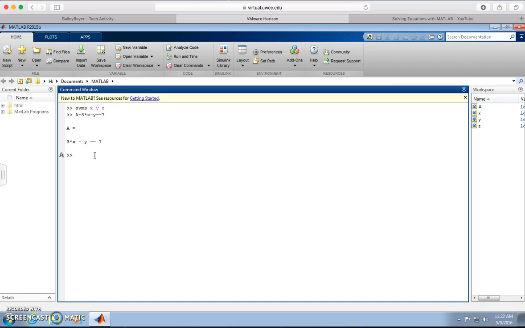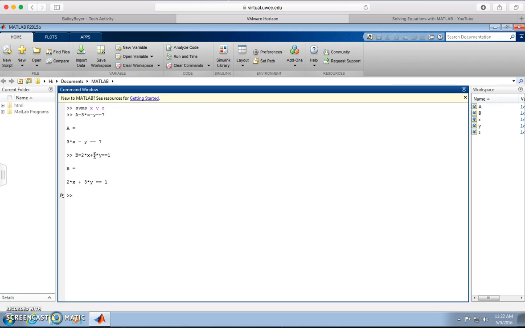Now we're going to type in our second equation, B. So we'll say B equals 2 times x plus 3 times y equals 1, and hit enter. So that should be our equation B. So now we're going to solve these equations.